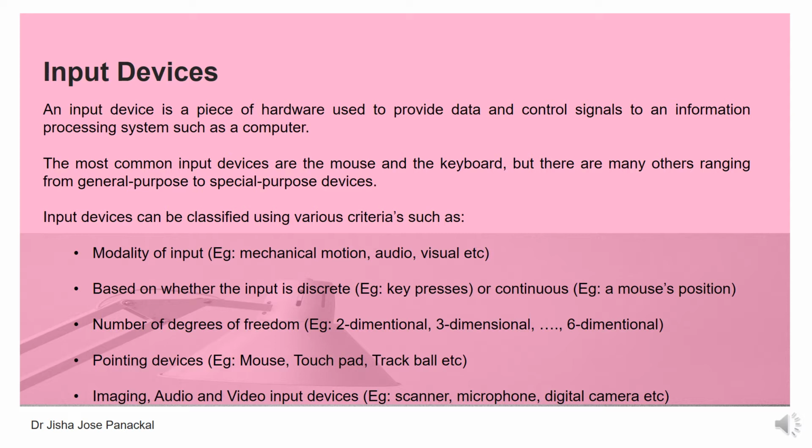Examples: scanner, microphone, digital camera, etc. So these are the various criteria for classifying input devices, but we will learn some of the most common devices in this particular module based on your syllabus.